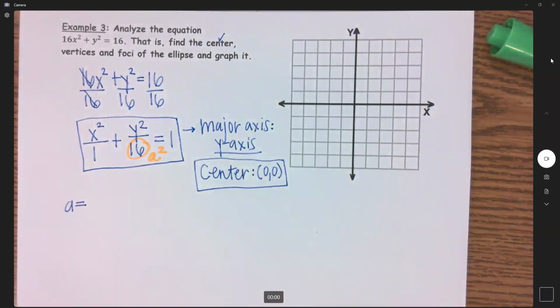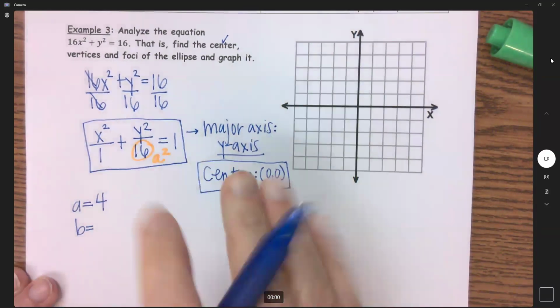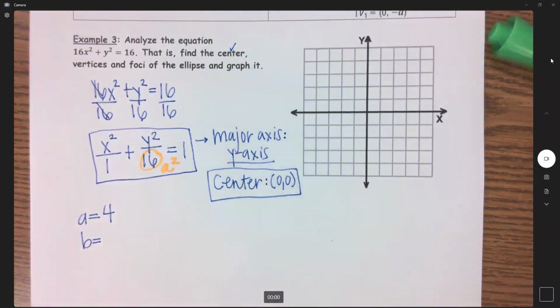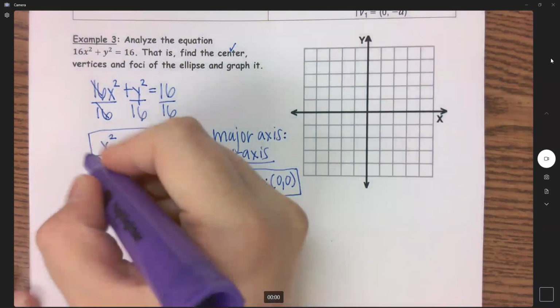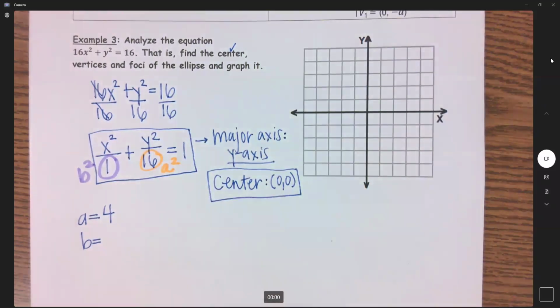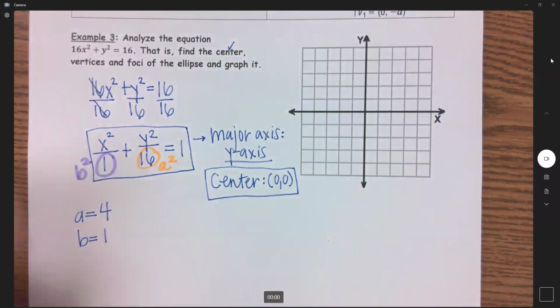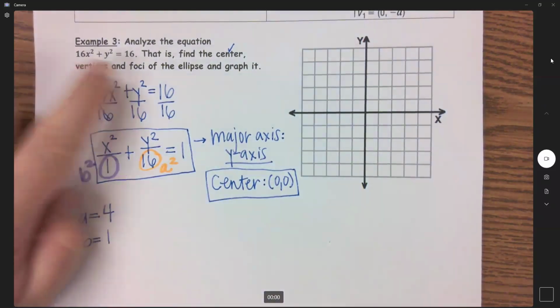So if a squared is 16, then a is 4. Then my other number is my b squared. So if b squared is 1, the square root of 1 is 1. So I can answer the vertices, but I can't answer the foci.